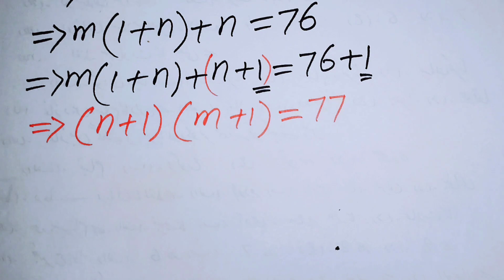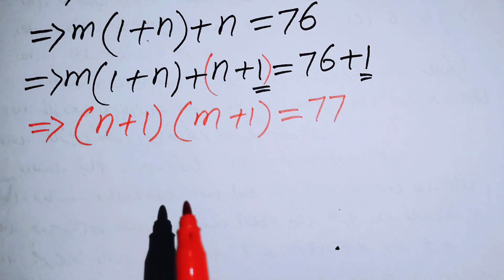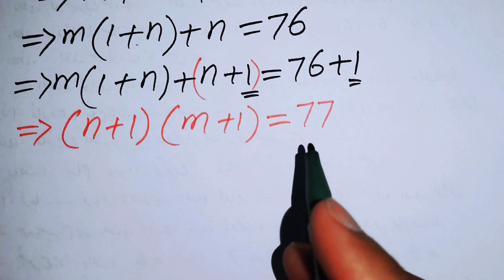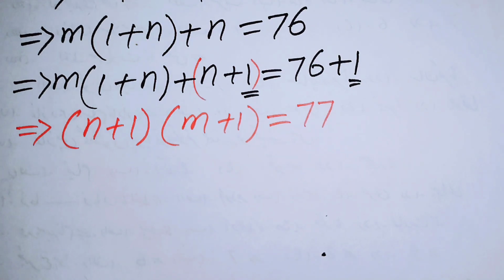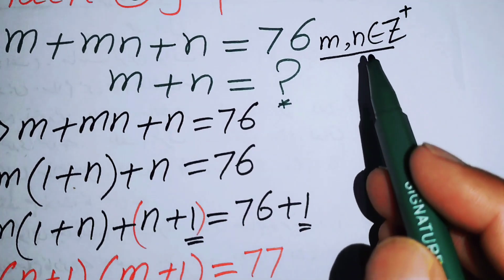Now focus on the left hand side, and you see that we have two factors, which are n plus 1 and m plus 1. So we need two factors in the right hand side, where we have 77. And you remember that m and n are positive integers.